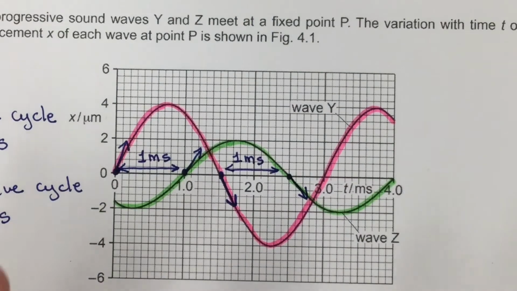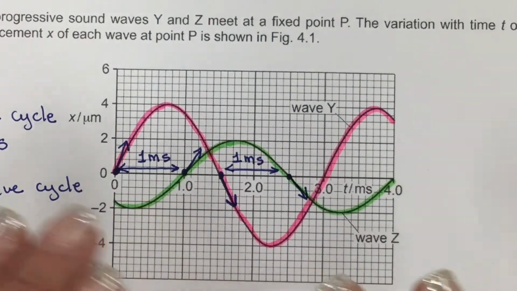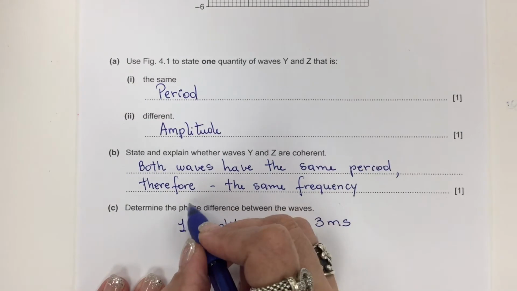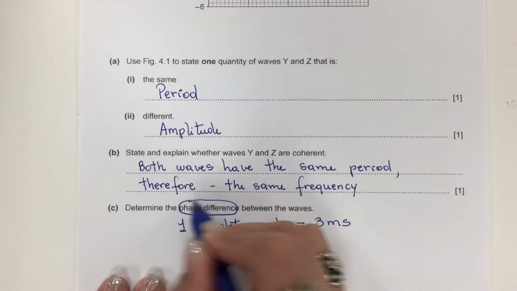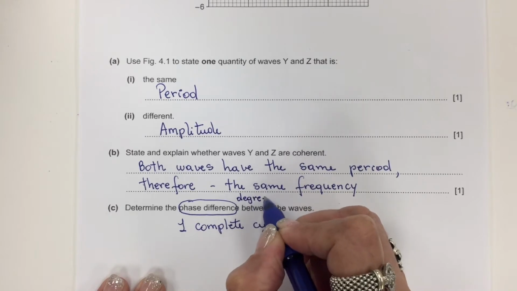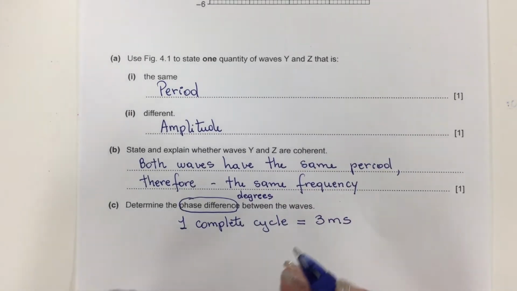So I feel comfortable to state that the difference between both waves in milliseconds is 1 millisecond. So phase difference is given in degrees. So now we are going to convert milliseconds into degrees.